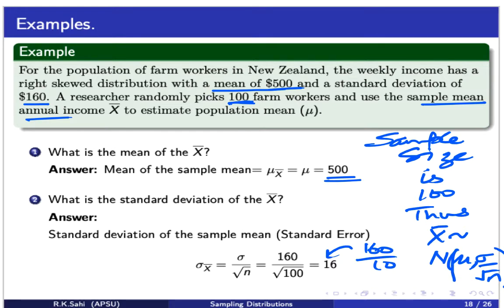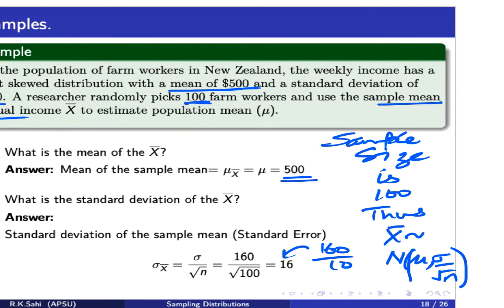Very, very important, guys, that if you have a sample size greater than 25, no matter what your distribution is, this distribution will behave like a normal random variable. So our sample mean, because the sample size is 100, is now going to behave like a normal random variable with mean mu, which is the same as mu of x bar. This is the mean mu I'm talking about, guys.